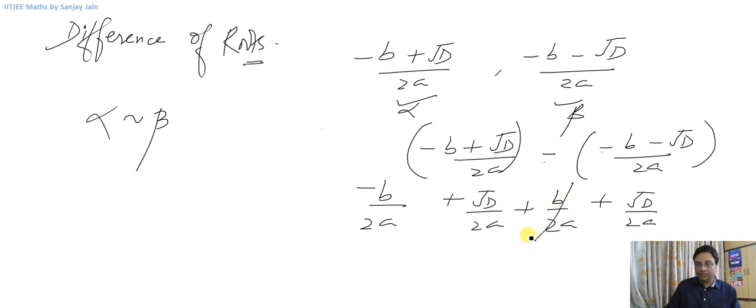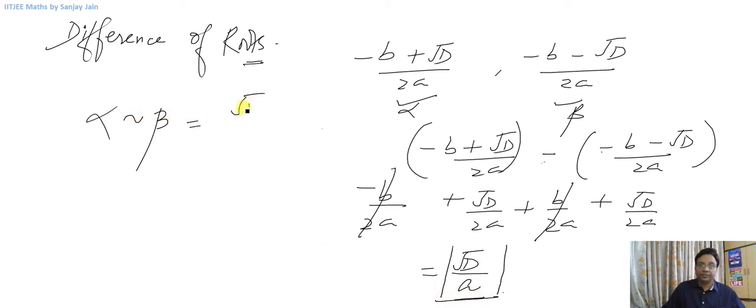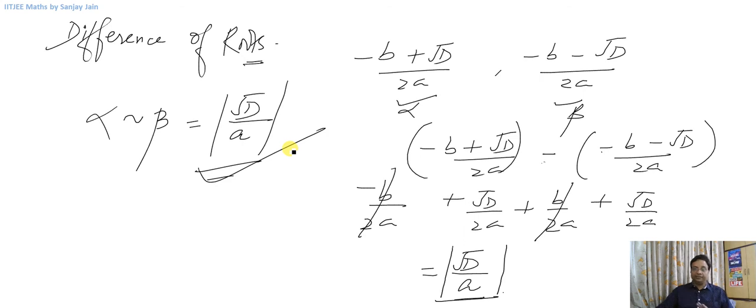You see, minus b by 2a and plus b by 2a get cancelled, and I am left with root d by 2a and root d by 2a, so that is 2 root d by 2a or root d by a, and I will write it in modulus sign, because I am talking about the difference of roots. So the difference of roots is root d by a. You can directly apply this formula and find the difference of roots.